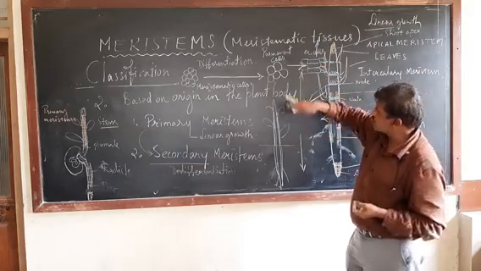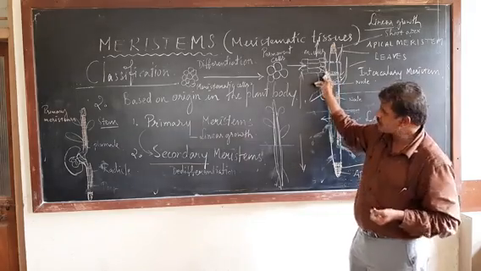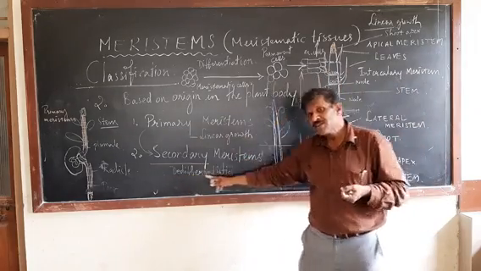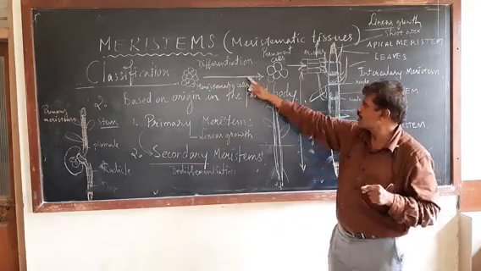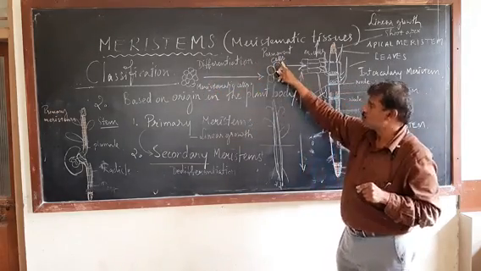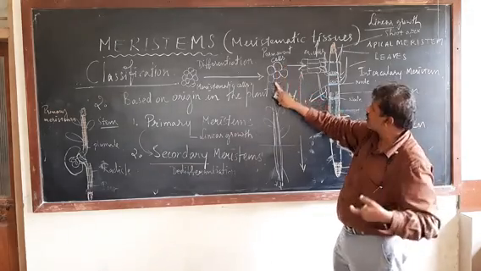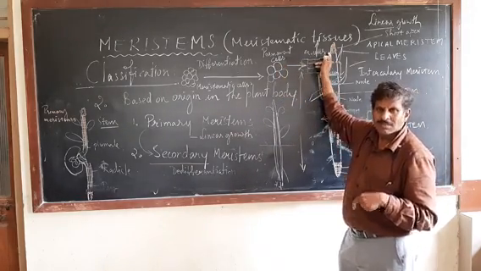Here, transformation of these permanent cells into the meristematic cells is usually called de-differentiation. It is a reversal of differentiation. Usually in differentiation, meristematic cells change into permanent cells. But in de-differentiation, permanent cells change into meristematic cells.